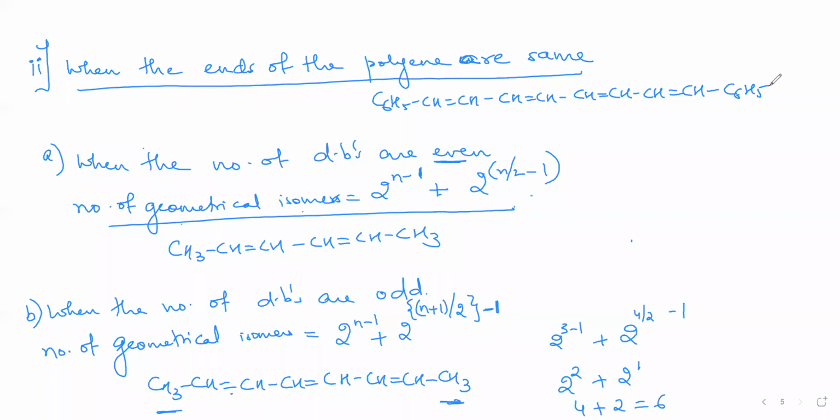Give me the number of geometrical isomers possible. Yes, it's 10. Okay.